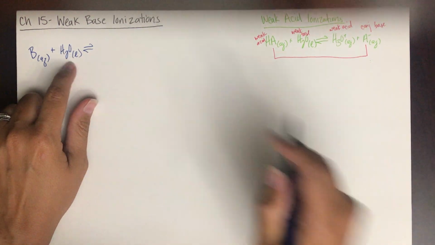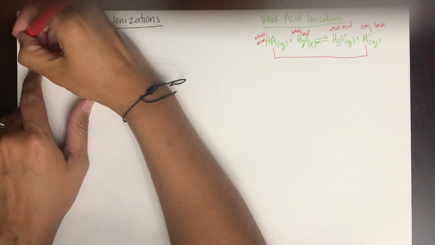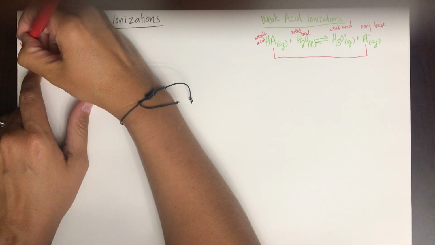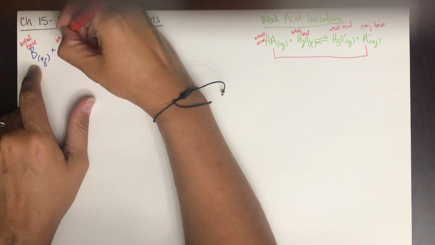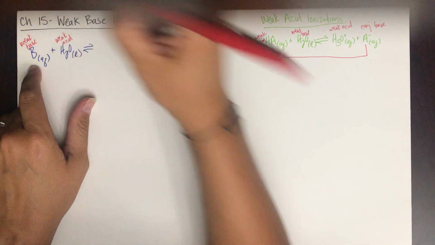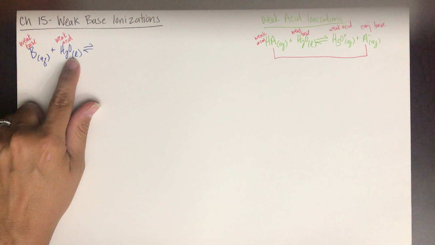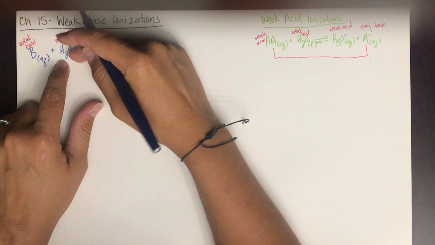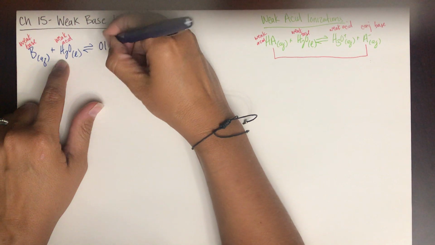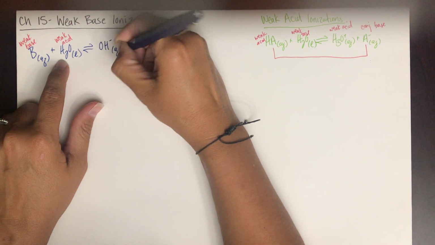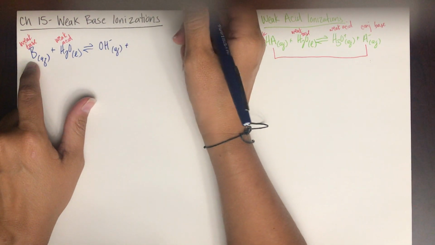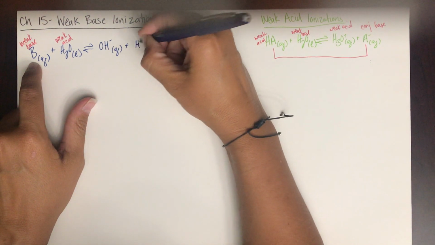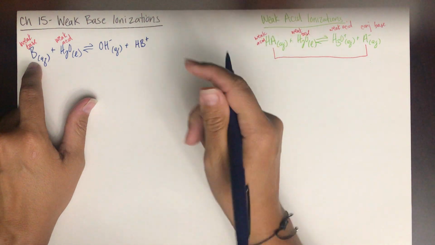So now, this is my weak base, and my water is going to act like a weak acid. So that means we're going to produce the conjugate base of this weak acid water, which is the hydroxide ion, plus the conjugate acid of our weak base, which we're going to call HB+.